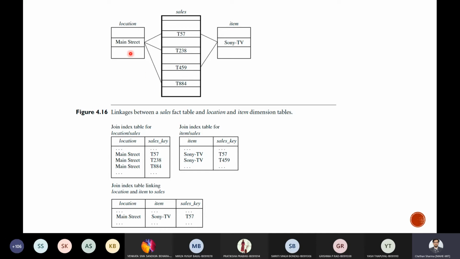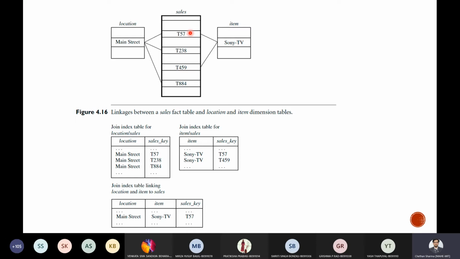So here the main street value in the location dimension table joins with tuples T75, T238, and T884 of the sales fact table. Similarly, the Sony TV value in the item dimension table joins with tuples T75 and T49 of the sales fact table.